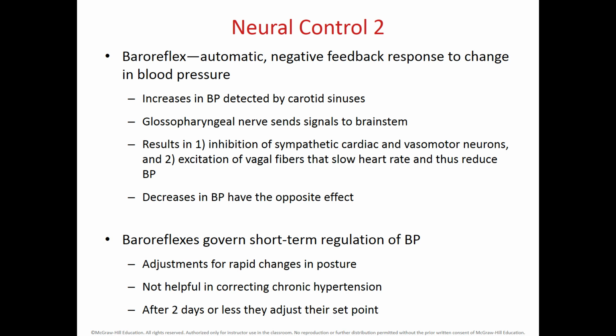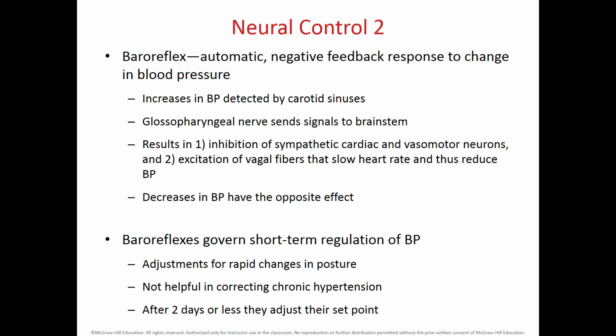This will result in inhibition of the sympathetic system when you have an increase in the blood pressure, or activation of the sympathetic system when you have a decrease in the blood pressure, and you have excitation of the vagus nerves to slow the heart rate and reduce the blood pressure. So indirectly, you can reduce the blood pressure by decreasing the heart rate when you activate the vagus nerve.